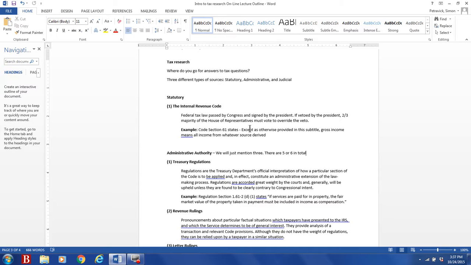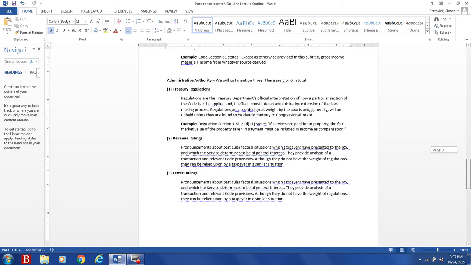If a law is vetoed, a supermajority of the House must overturn it. For example, Internal Revenue Code section 61 states that everything is gross income from whatever source derived.